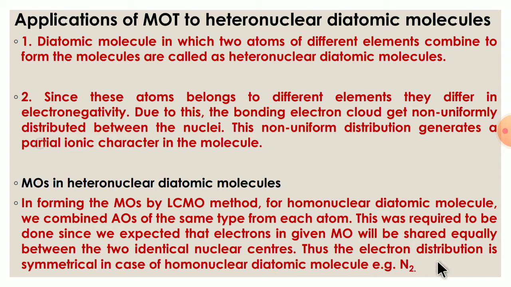Thus, the electron distribution is symmetrical in the case of a homonuclear diatomic molecule. Example, nitrogen molecule. In the nitrogen molecule, there are two nitrogens which are identical. Each nitrogen contributes the same number of electrons and forms the molecular orbitals.